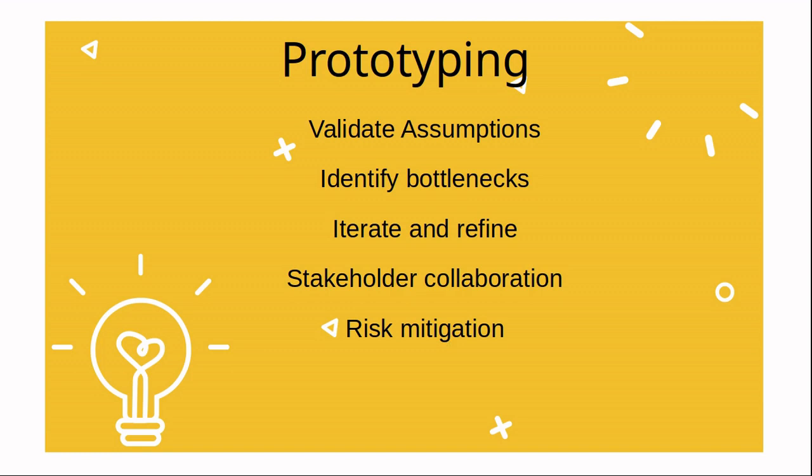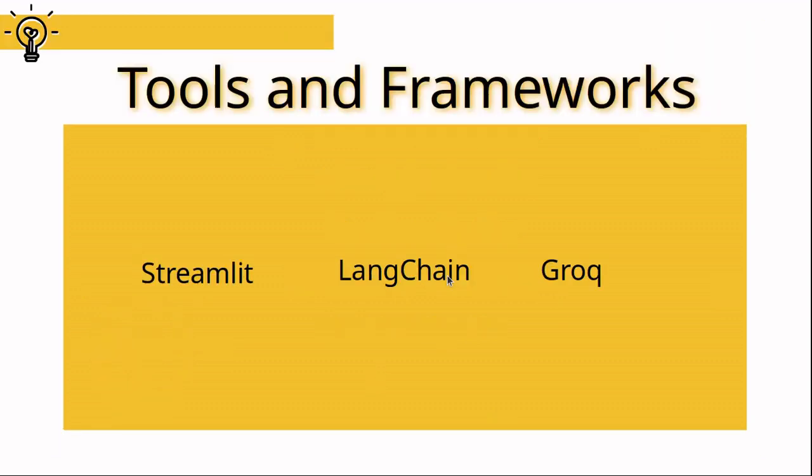So it enables us to test the sentiment analysis capabilities, identify potential performance bottlenecks, and gather feedback from stakeholders before committing to a full-fledged application development. So prototyping is an essential step in development of AI applications as it promotes iterative refinement, risk mitigation, and stakeholder collaboration.